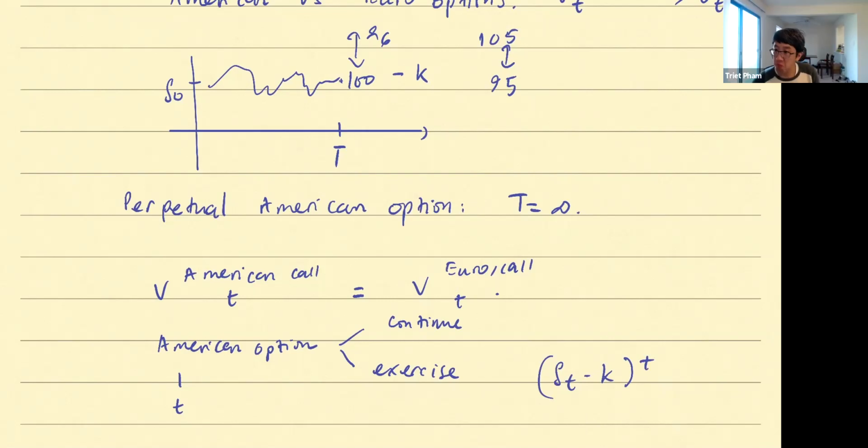But how do you know that it's not wise to continue? Sorry, it's not wise to exercise, because if you exercise, you will get this much. But how do you know your continuation value? Or how would you estimate your continuation value?